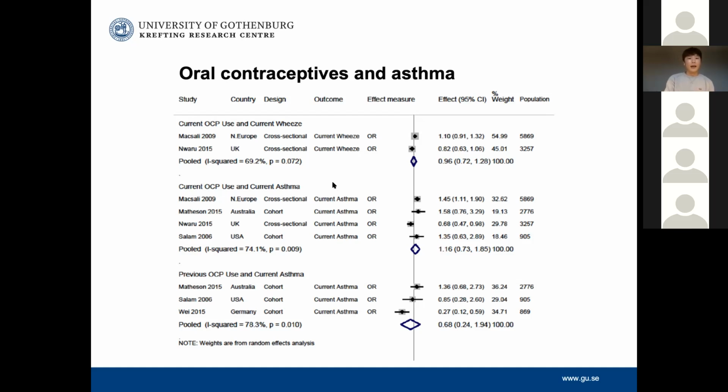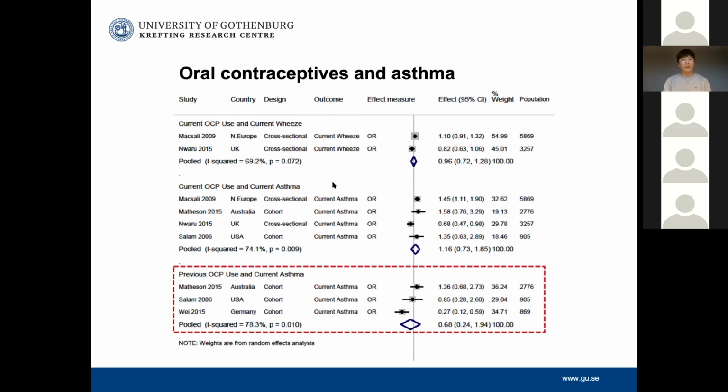Here is one example about oral contraceptives and asthma. Based on the evidence from cohort studies, it is not very convincing, and we are not sure what the effect of oral contraceptives would be in terms of asthma risk.